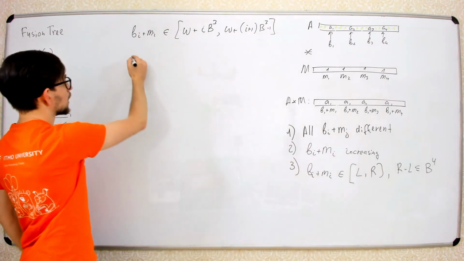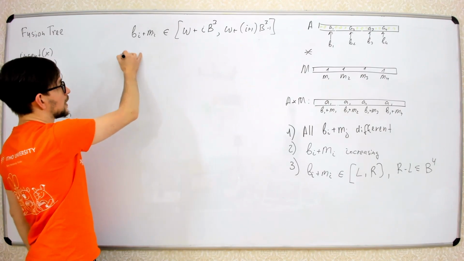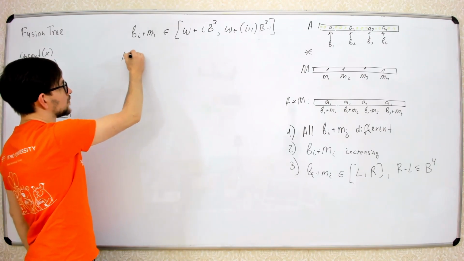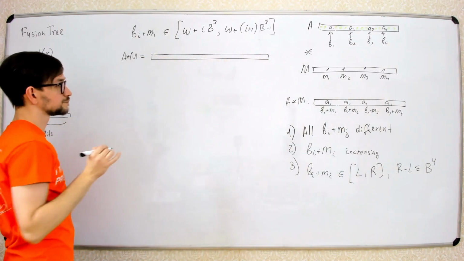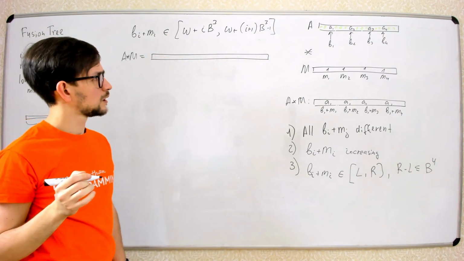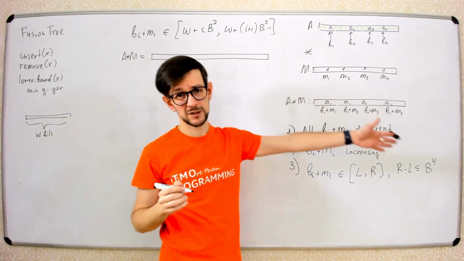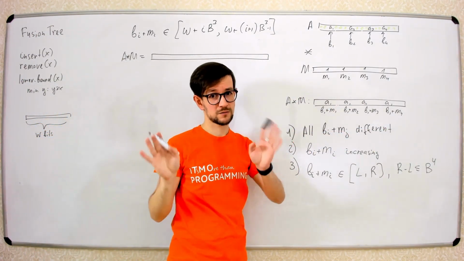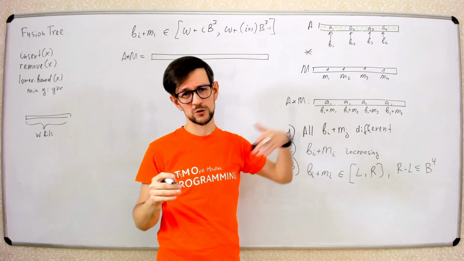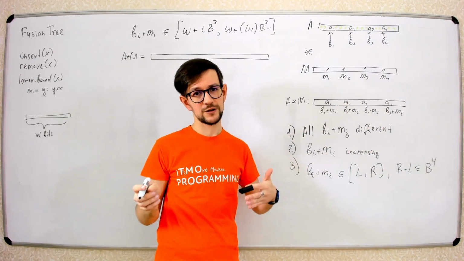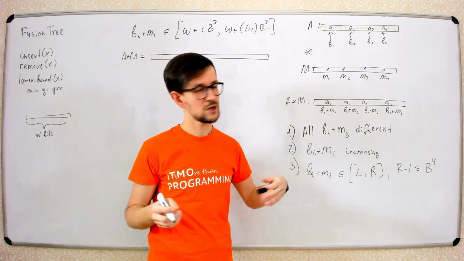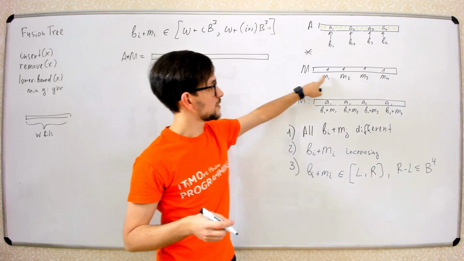So again, AM will look like this. Yes, I enumerate bits from left to right. That's not convenient, but usually you enumerate bits from right to left. But I enumerate all arrays from left to right, so I enumerate the bits from left to right. So here's the least important bit, here's the most important bit.